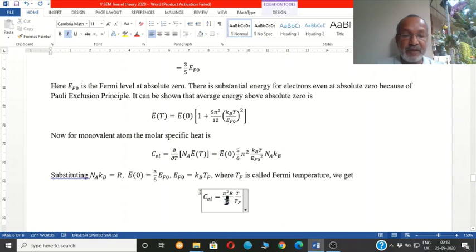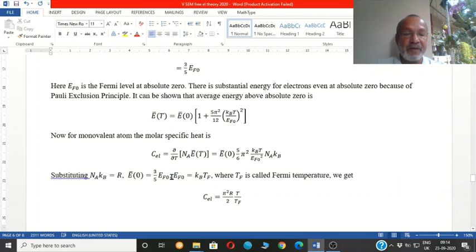So that is 2 here, and EF0 also, 1 EF0 will cancel. So you will get 1 EF0 in the denominator, and that EF0 is conveniently written as some kTF. So that is some k into TF, and this TF, the temperature, is called the Fermi temperature.